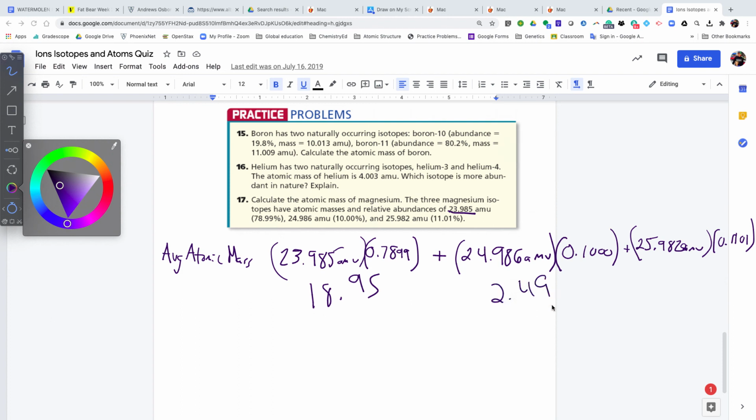And 25.982 times 0.1101 is 2.86. Sorry, I'm just going to leave that messy for a minute. Plus 2.49 plus 18.95. And I get an average atomic mass of 24.30 atomic mass units.